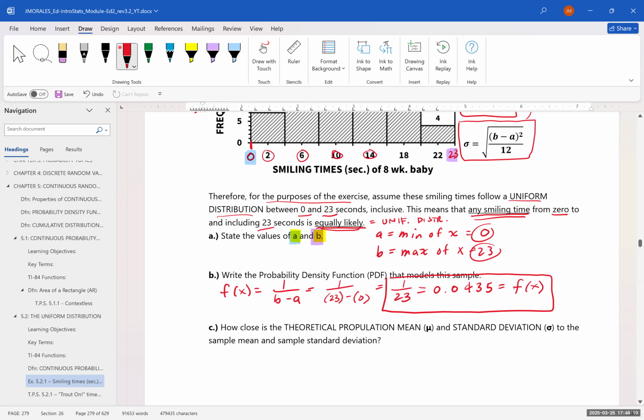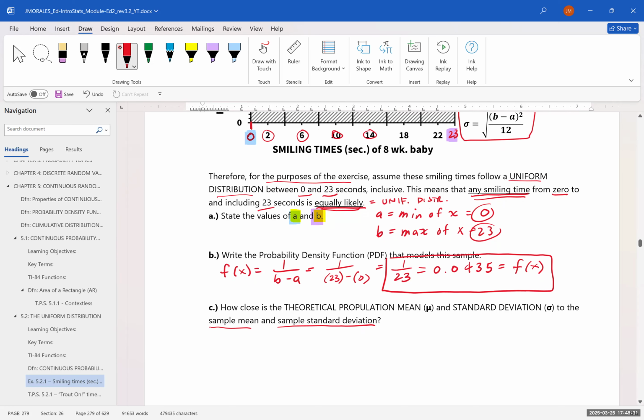So now the next part is how close is the theoretical population mean and the standard deviation to the sample mean and the sample standard deviation. So what this is asking for is how close is the population mean to the sample mean? And how close is the population standard deviation to the sample standard deviation?